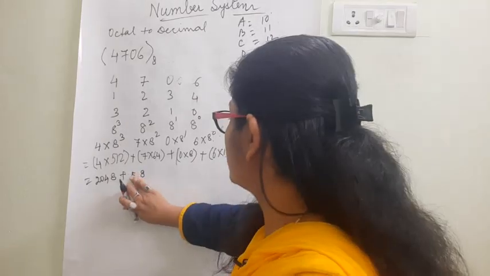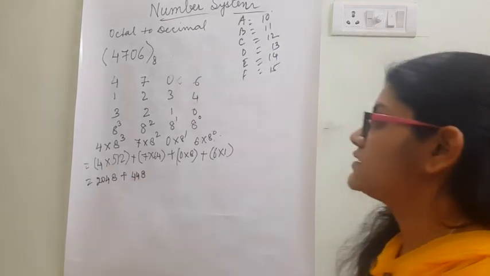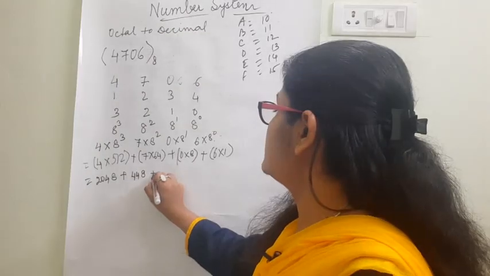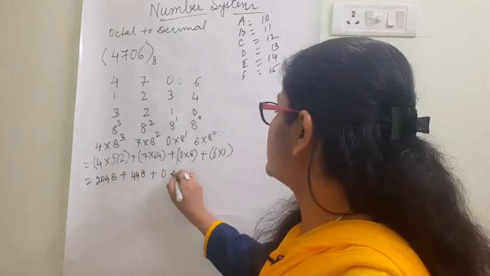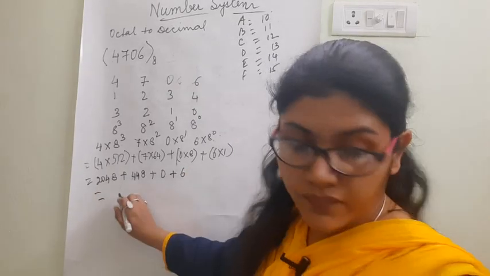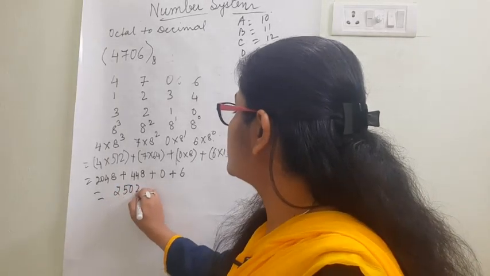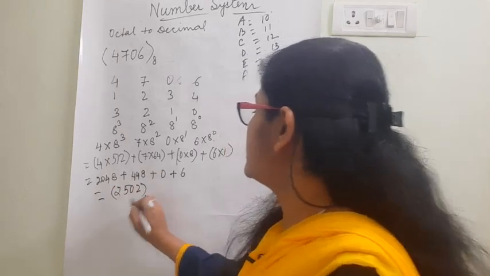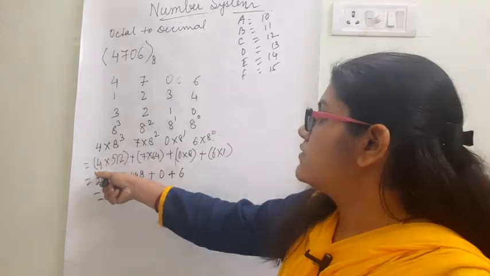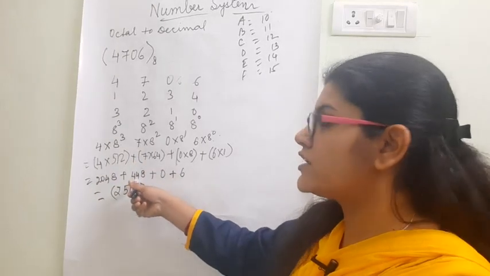Value of 4 into 512 is 2048. Value of 7 into 64 is 448.